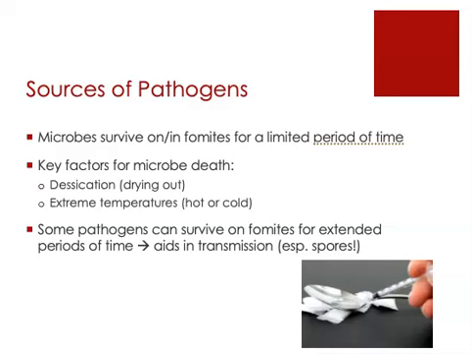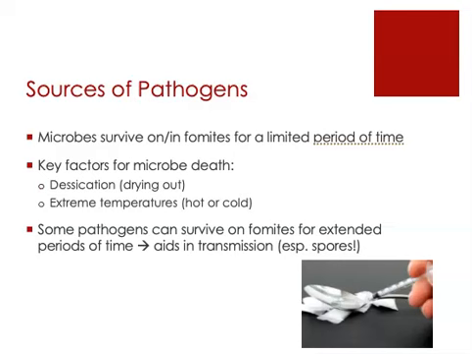Now, what is it that allows a microbe to survive for a long time on a fomite versus another microbe not being able to survive? Well, oftentimes it depends upon the virulence factors that that particular microbe has, but it's also a factor of the things that those fomites get exposed to. So we know, for example, that desiccation or drying out is very detrimental to living cells.